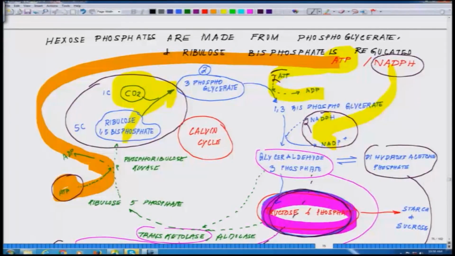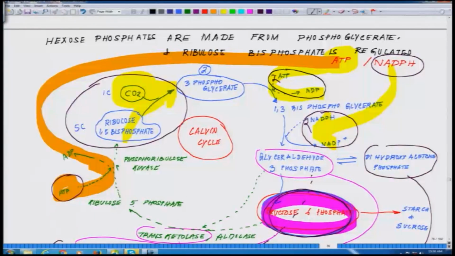There are 2 ATPs which got involved, and there is another ATP. The first 2 ATP got involved when 3-phosphoglycerate is converted into 1,3-bisphosphoglycerate. You have 2 NADPH making NADP, and you have another ATP molecule converted to ADP by donating that phosphate group in the conversion of ribulose 5-phosphate to ribulose 1,5-bisphosphate.